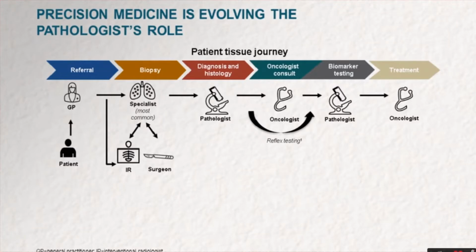So precision medicine is really redefining the role of pathology. And I believe pathologists are really central to precision medicine. Pathologists are the custodians of the specimens. So with all of the new treatment options and testing options that are available, it's really imperative that pathologists are knowledgeable about how specimens should be handled, what the potential downstream tests are that could be indicated, and how these should be organized and coordinated with the care team.